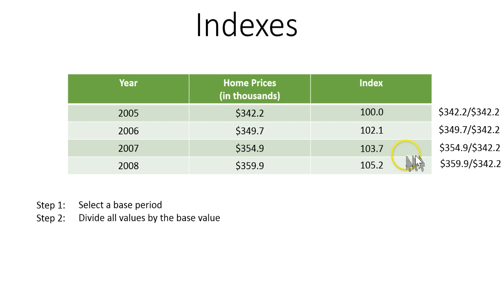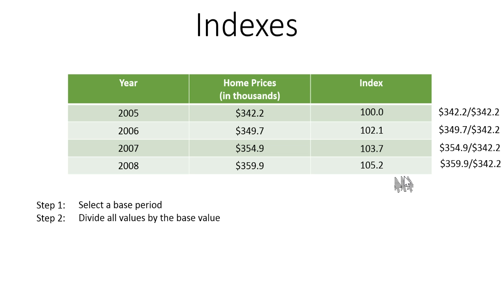For 2007, we see that the index has increased by 3.7% since the base period, because we have a value of 103.7. And of course, home prices have gone up on average 5.2% since the base period, from 2005 to 2008, because we have a value of 105.2.